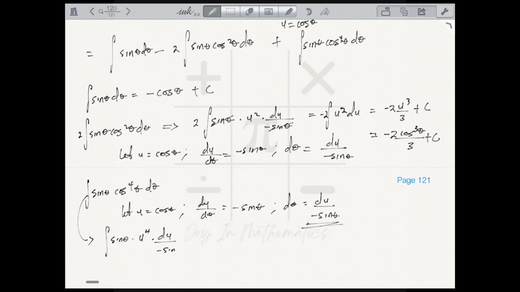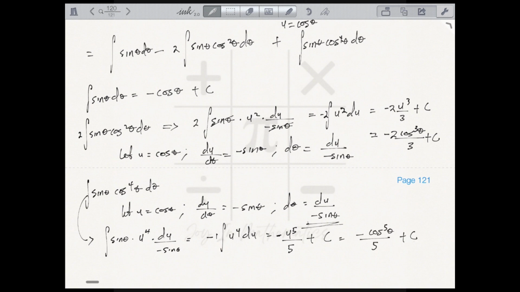So simplifying this, we have minus 1 integral of u raised to power 4 du, and integrating u raised to power 4, we have u raised to power 5 over 5, remember our minus, plus c, and this is minus cos raised to power 5 theta divided by 5 plus c.